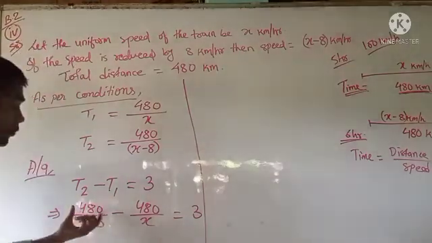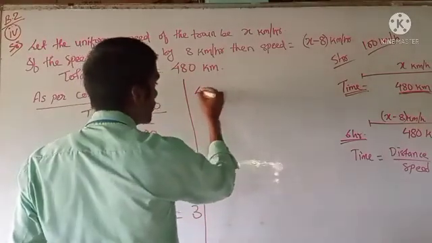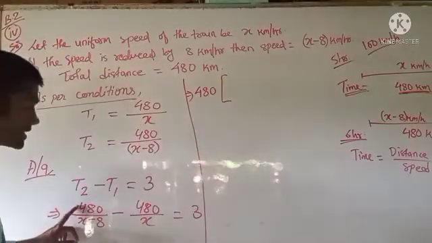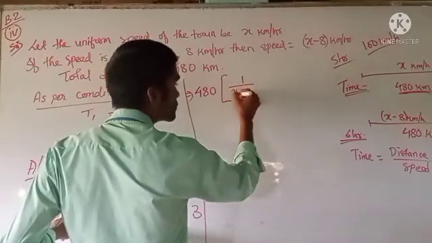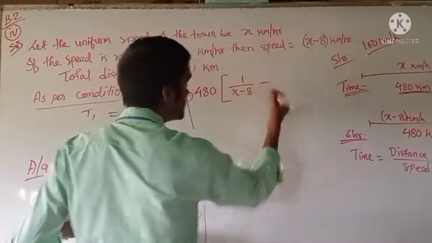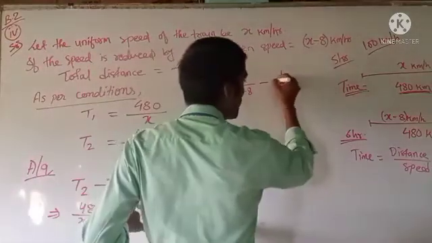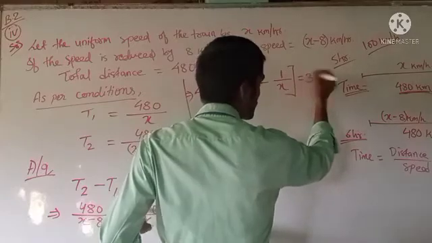Here we can see that 480 is common, so we'll take 480 as common. Now what is left? 1 is left. So 480 times (1 by x minus 8 minus 1 by x) is equal to 3.